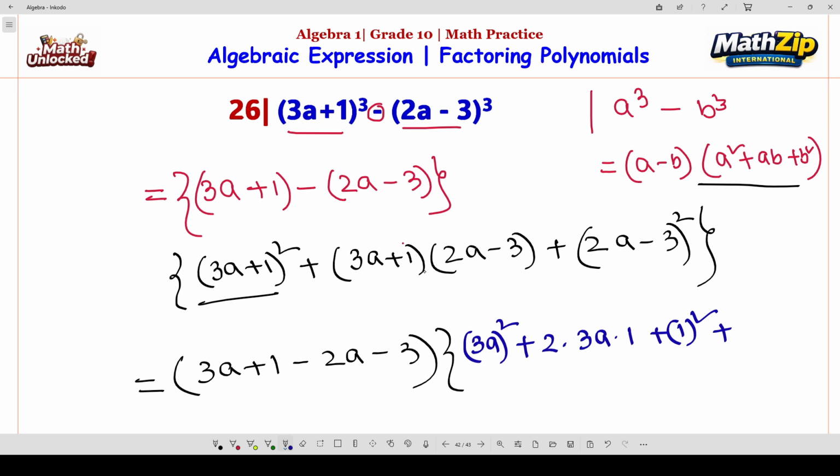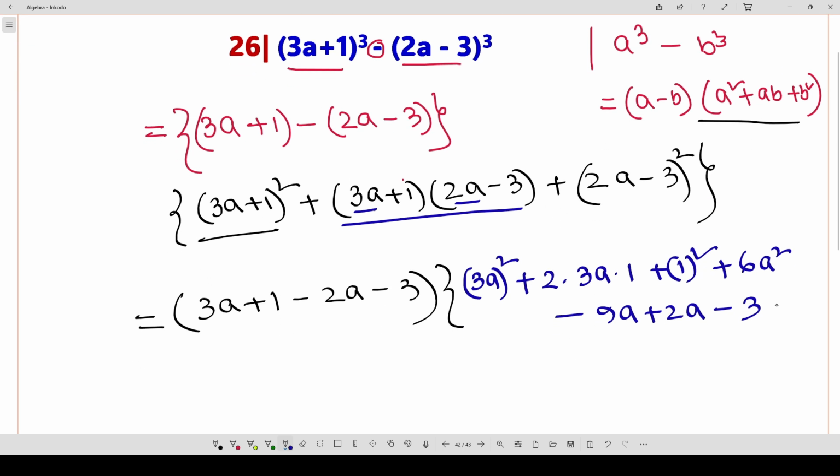Now we will expand this expression: 3a times 2a is 6a², then minus 9a, then plus 2a, then minus 3. So this part is done. And the final term is (2a − 3)², which is 2²a² minus 2 times 2a times 3, and then plus 3².